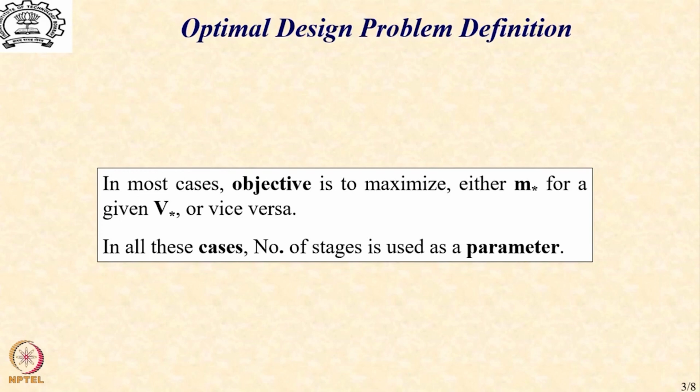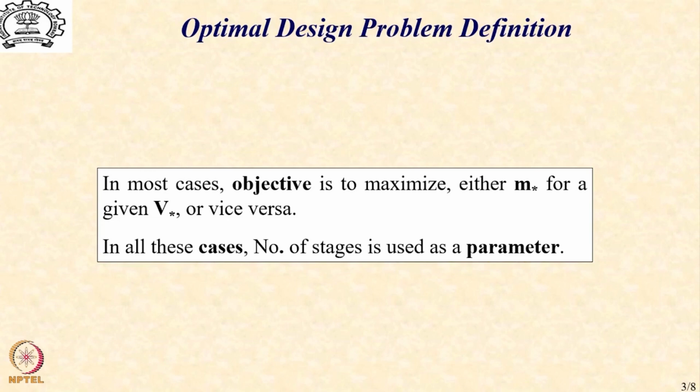There is another point that can be kept in mind, which is that by and large, most launch vehicles will be a minimum of 2 stages and possibly a maximum of 5 stages, even if we include the strap-on or the 0th stage.